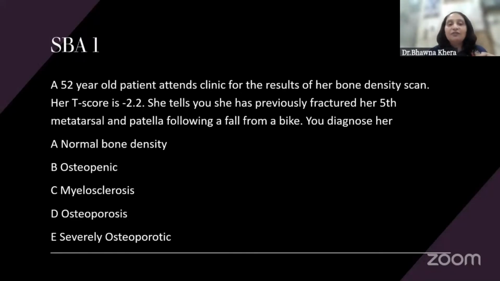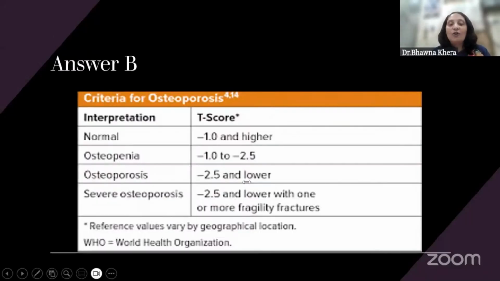According to the classification, this patient is osteopenic. So how do we classify? The normal T-score is -1 and higher. Here the values are in minus, so the bigger the number, the lower the value.